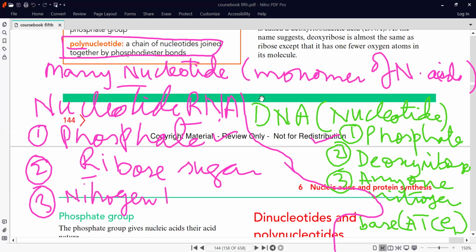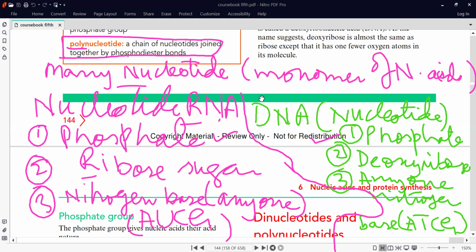Nitrogen base, any one out of the four. A, U. It means A is connected with U and A is complementary to U. And C, G. Any one out of these four should be attached with the nucleotide. Then they will be making a complete nucleotide, right?